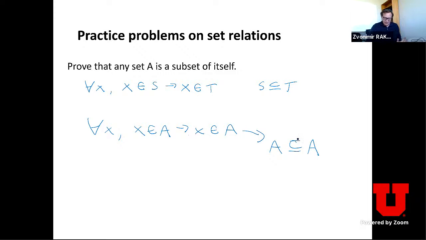So this actually finishes the proof. And it's so simple that maybe it even doesn't look like a proof, but that actually does it. Any questions about this one? Okay.